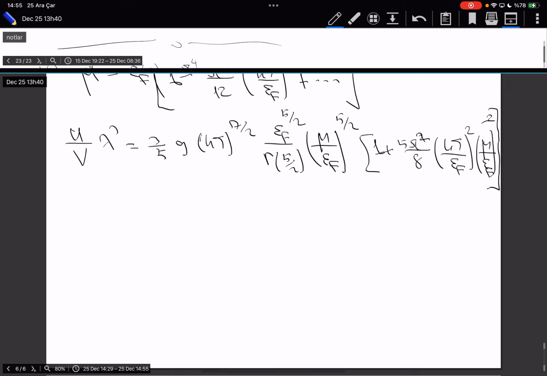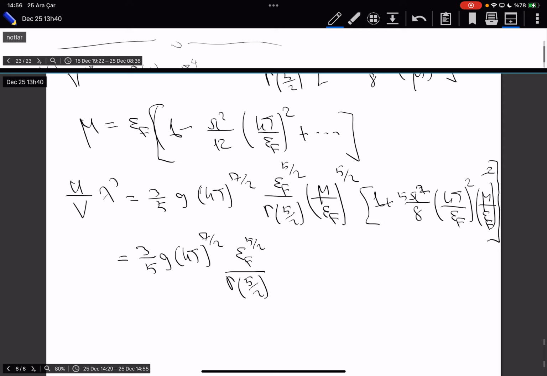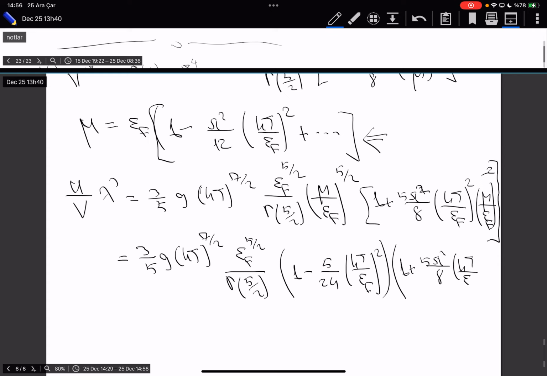This is equal to 3 over 5 g kT to the power 7 over 2 epsilon Fermi to the 5 over 2 gamma 5 over 2. Well, mu over epsilon Fermi to the 5 halves is 1 minus 5 over 24 kT over epsilon Fermi squared. I'm just using the Taylor expansion of this power 5 halves and keeping the first term. Then I have 1 plus 5 pi squared over 8 kT over epsilon Fermi squared.